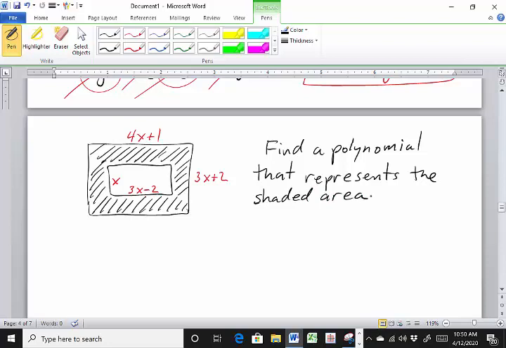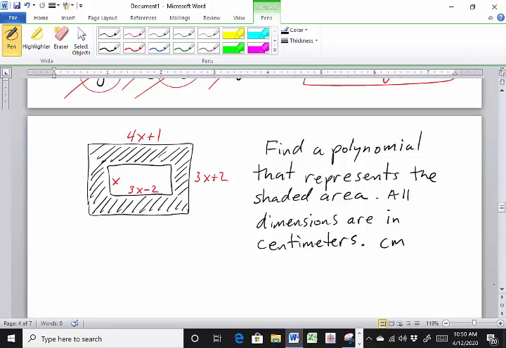Okay? And let's just say all dimensions are in centimeters. Okay? And that's abbreviated CM.